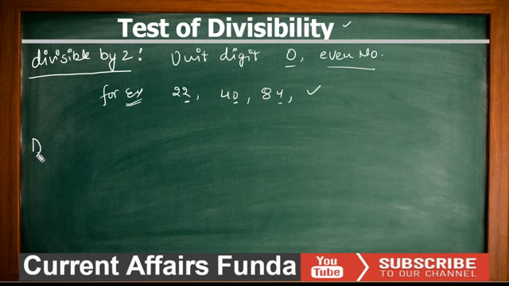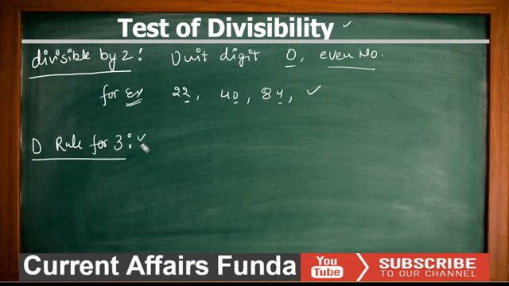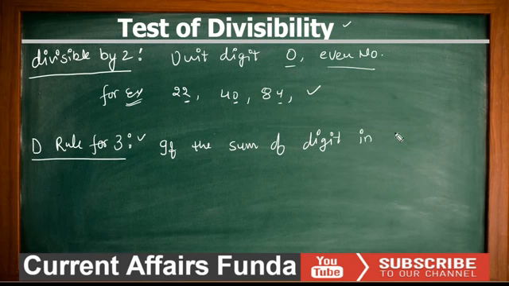Okay, see guys, divisibility rule for 3. How you can judge whether the number is divisible by 3 or not? If the sum of the digits in the number is divisible by 3, then you can say the whole number is divisible by 3.